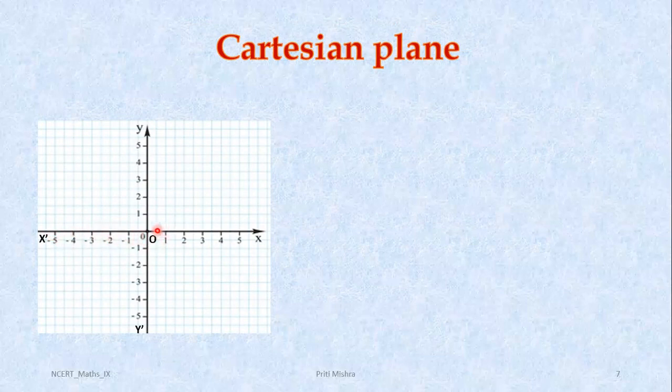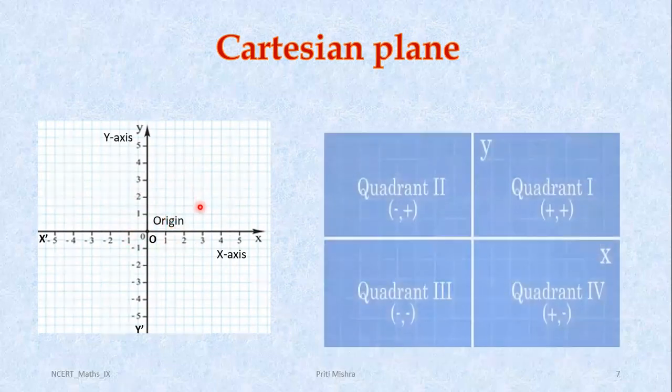In the same way, along the y-axis in the upward direction we measure all the positive numbers, and in the downward direction we measure all the negative numbers here. So this horizontal axis x dash x is known as x-axis, and the vertical axis y dash y is known as y-axis, and the point where they are intersecting each other perpendicularly is known as origin.